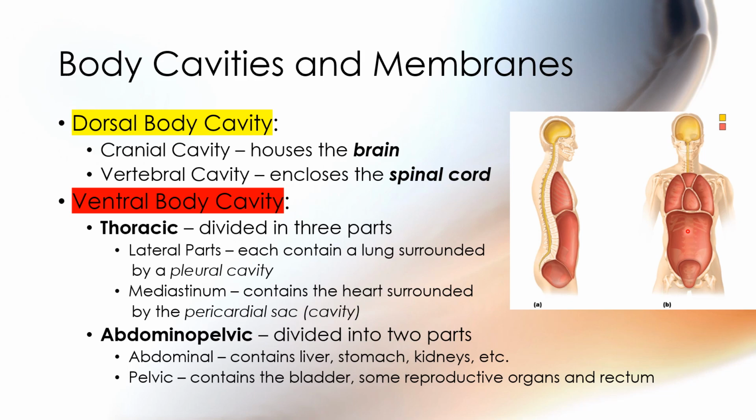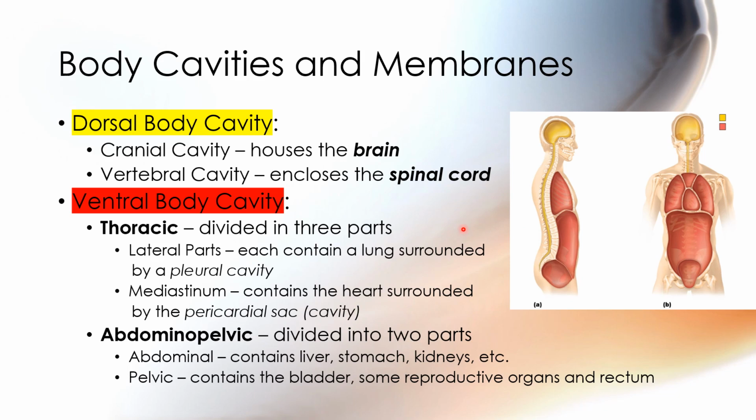Okay. So in the abdominal cavity, right, we have our abdominal organs, so stomach, liver, spleen, kidneys, digestive stuff, right? Pelvic cavity, we have the bladder and reproductive organs. Okay.